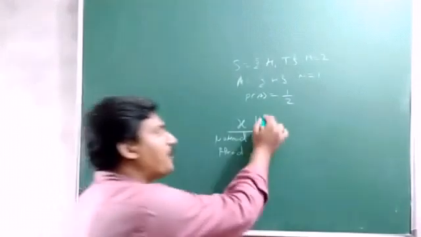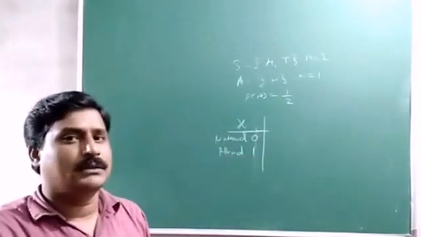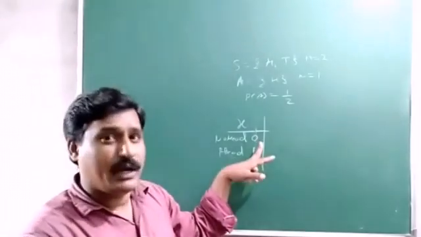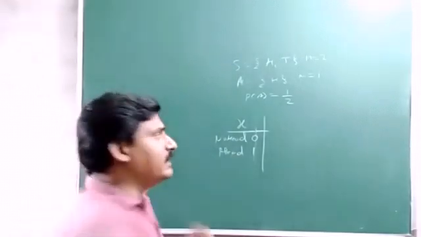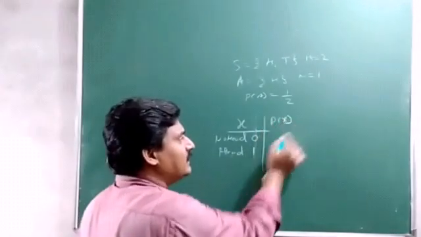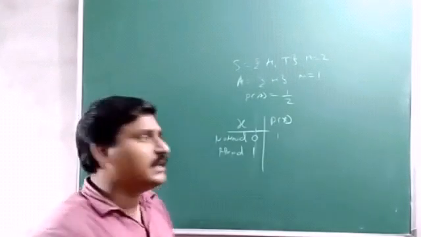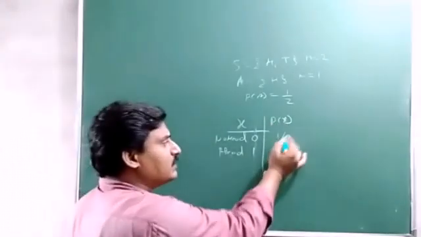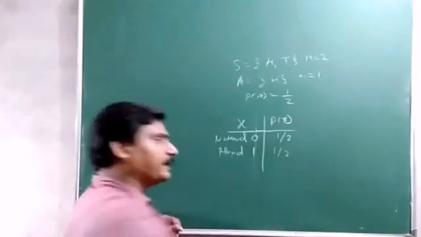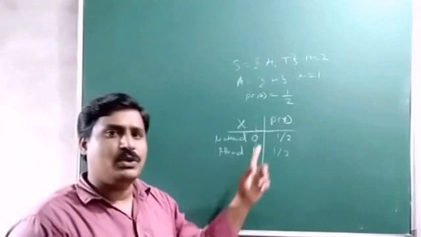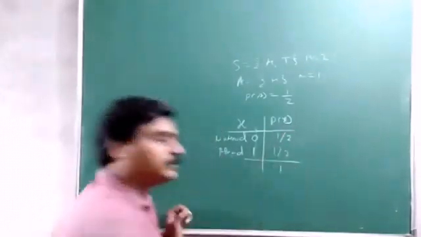Now, the probability assigned to each value of the random variable: probability of getting no head, that is getting tail, is 1 by 2, and probability of getting head is also 1 by 2. So the total of probability is 1.